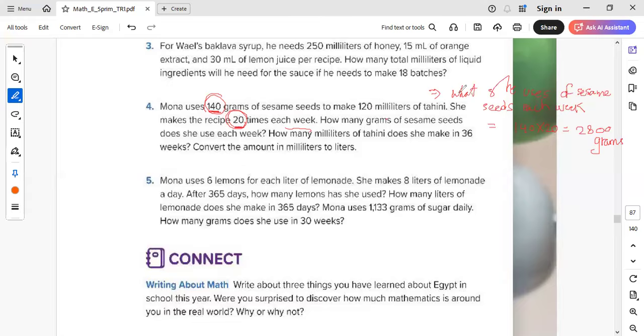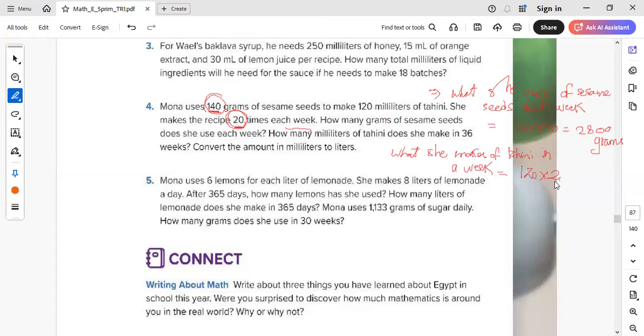What she makes of tahini in a week equals 120 by 20.